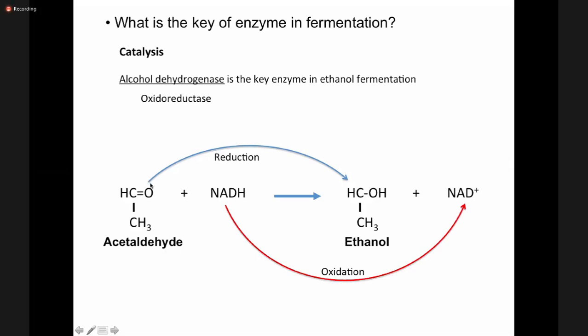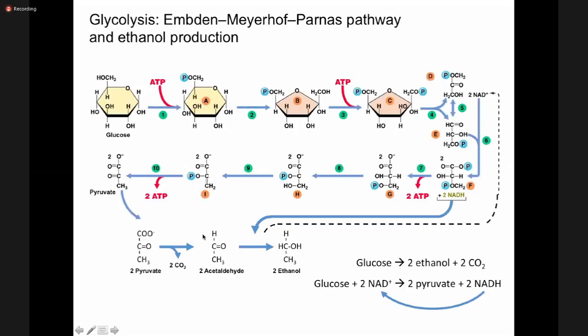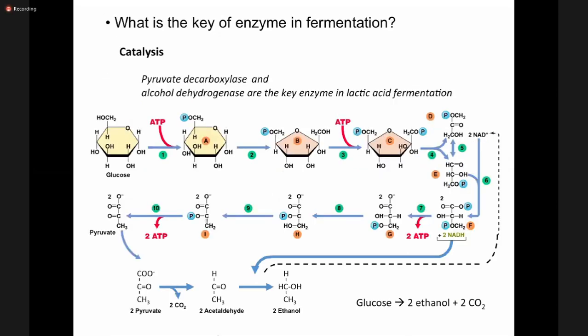So acetaldehyde is reduced to ethanol, and NADH is oxidized to NAD+. So this is very similar to lactic acid fermentation, lactic acid production. So ethanol production needs two enzymes, pyruvate decarboxylase and alcohol dehydrogenase. Okay.